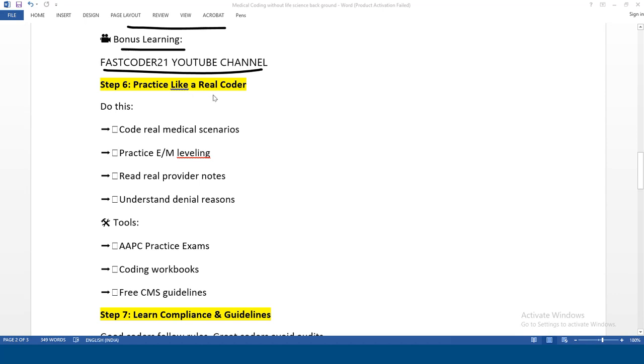Next, practice like a real coder. If you want to practice real coding charts, code real medical coding scenarios. Try to practice E&M leveling. If you don't know how to do E&M leveling, please mention it in the comment section of this video, and I will create videos related to E&M leveling. Try to read real provider notes; take help from your friends and read real provider notes.